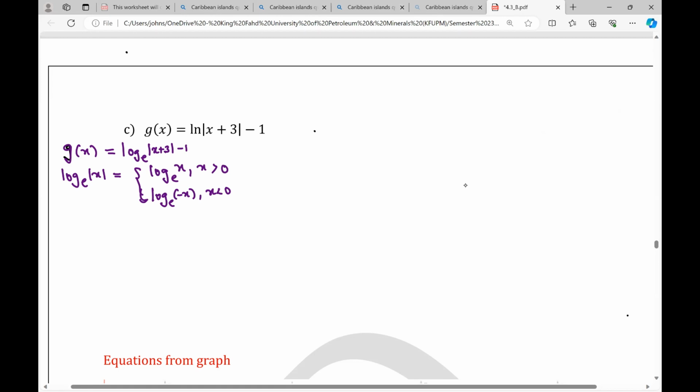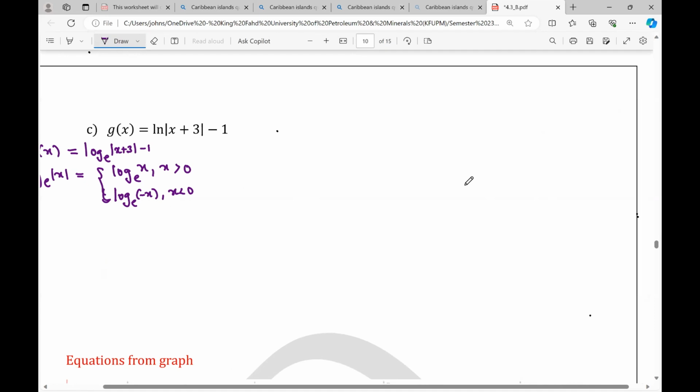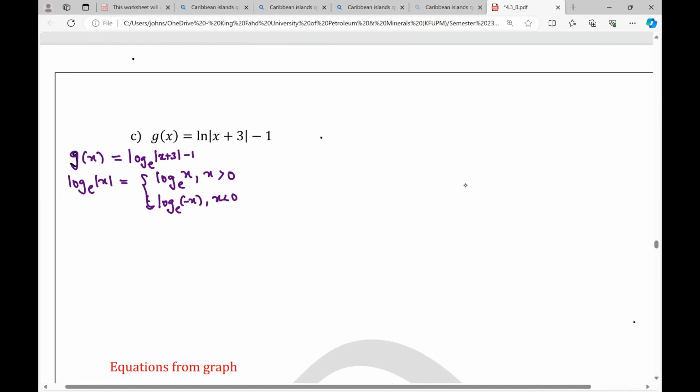So it means we can start with this graph. Let's just do the graph here this way. Let's start with this one. It's the graph of log. Remember, e is 2 point something, so it's greater than 1. So this is the graph of log e of x, and when x is greater than 0, it's okay.